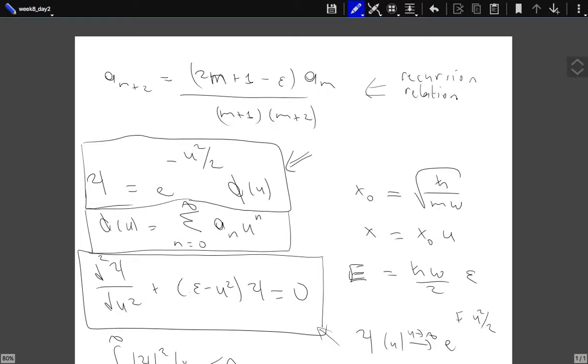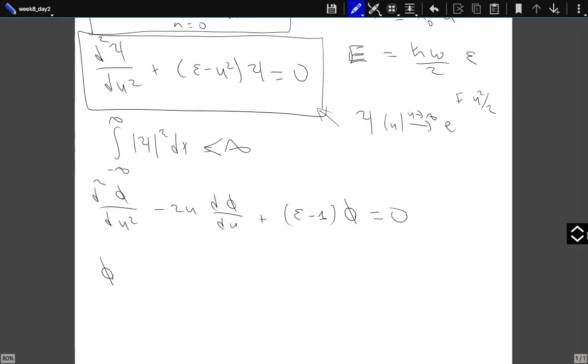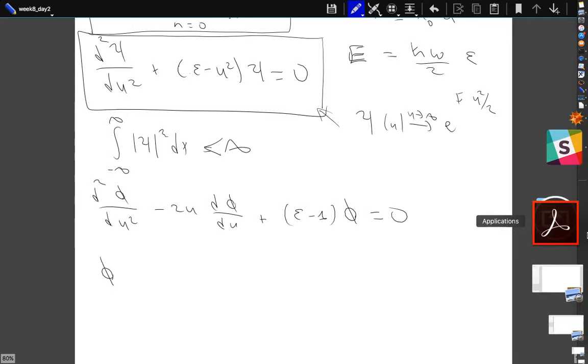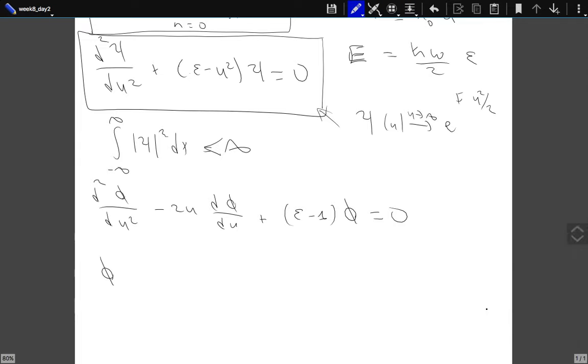Well, that's basically what we are expecting, because this is a second order differential equation. It should have two linearly independent solutions. The solution that is proportional to a0 will be just one of those solutions, and the solution proportional to a1 will be the other solution. So the solution for phi has two constants which should be fixed by some boundary condition or initial value conditions.